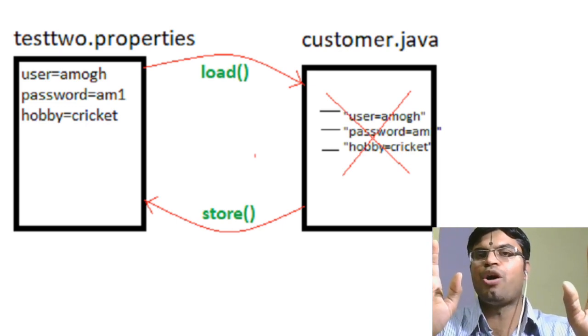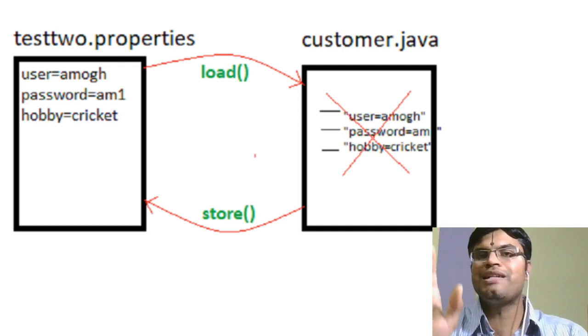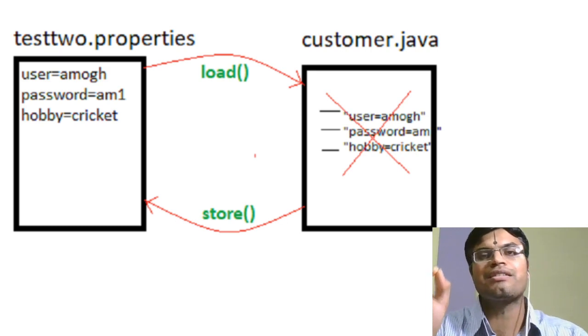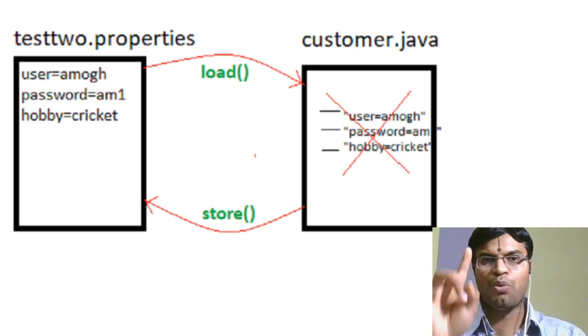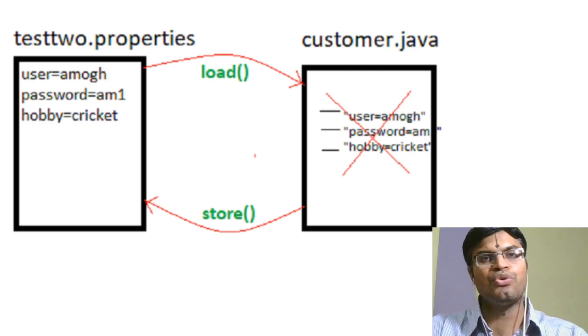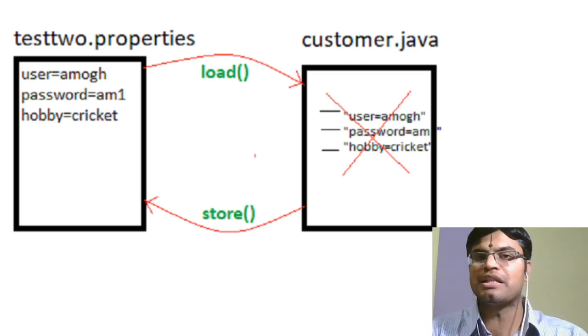Now when I want to write some data about a user, for example, username, password or whatever I want, I should not directly write into my customer.java file. As you can see the cross mark there, it says that I should not hardcode the data into my customer.java file. Instead, you have to use a separate file called a properties file.